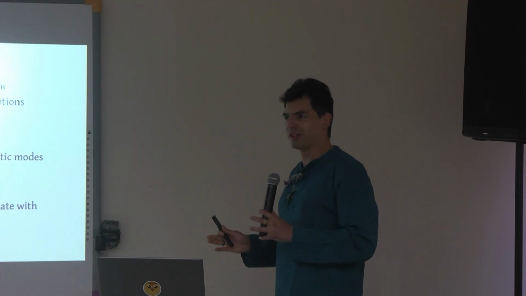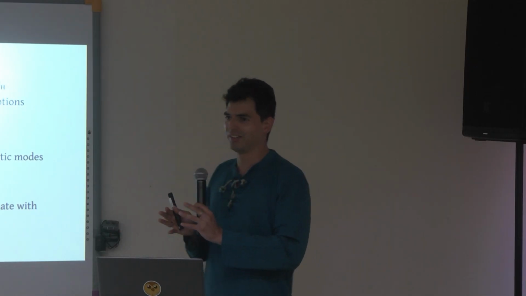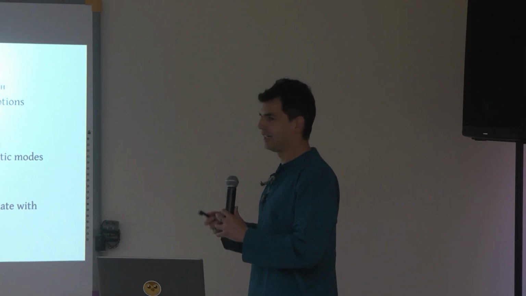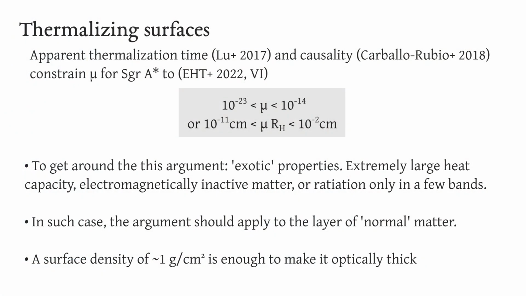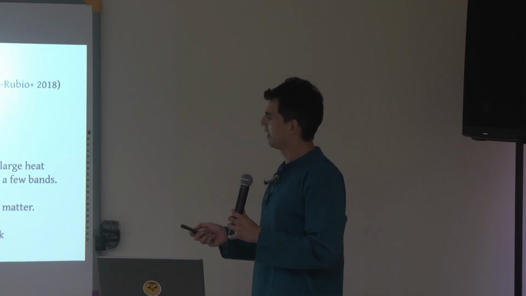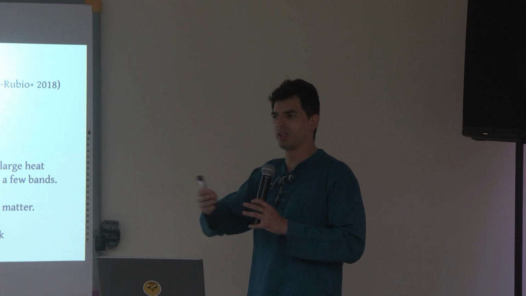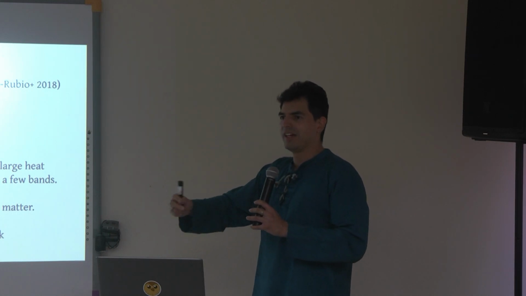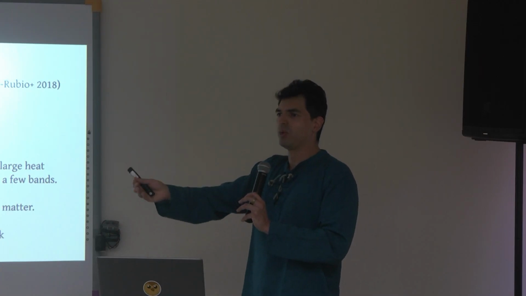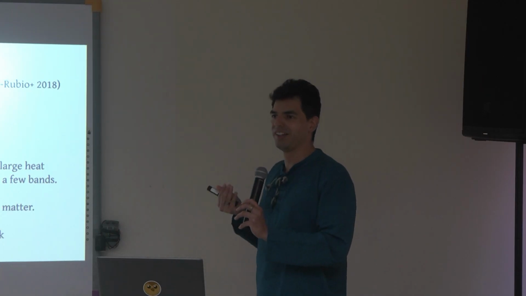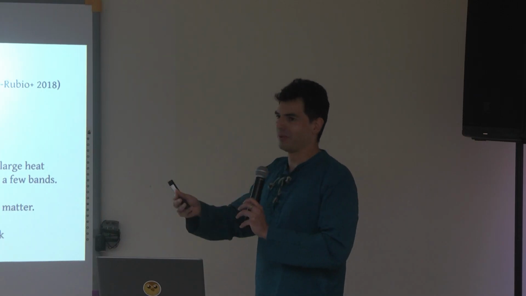So this is the basic version of the argument, but it is still possible to complicate it in some ways in order to still allow surfaces to some extent. One argument that has been put forward is that because of the extreme redshift close to the would-be horizon, even if the object thermalizes, it will take a long time for us to see it.